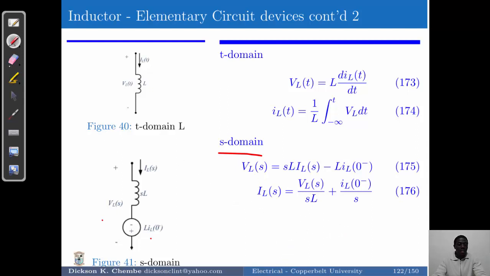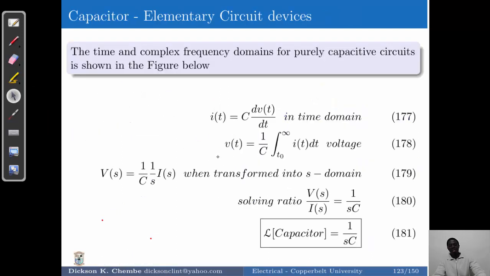And then we can also look at further. The next element is the capacitor. So similarly to an inductor, you find that in the time domain, it differs from what we get in the frequency domain.